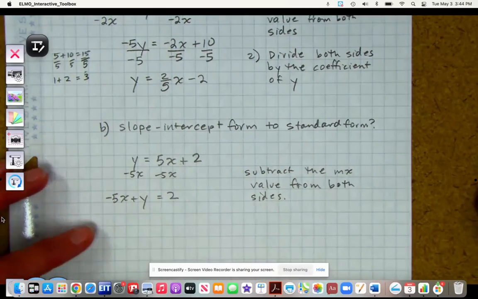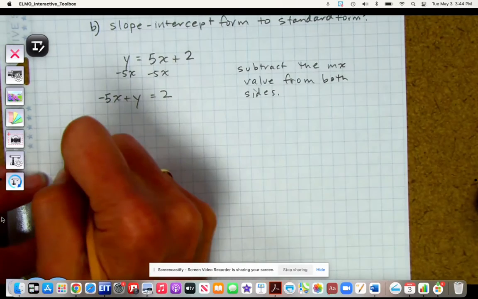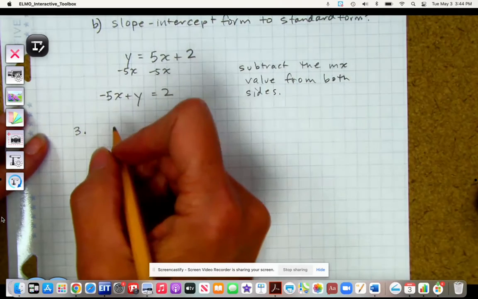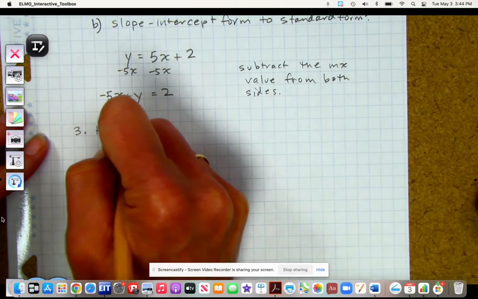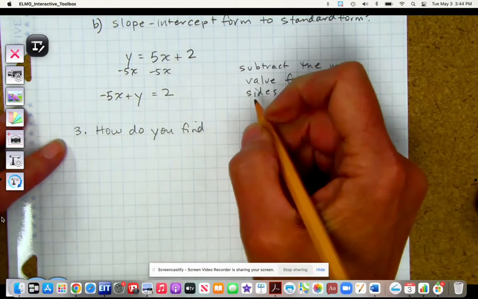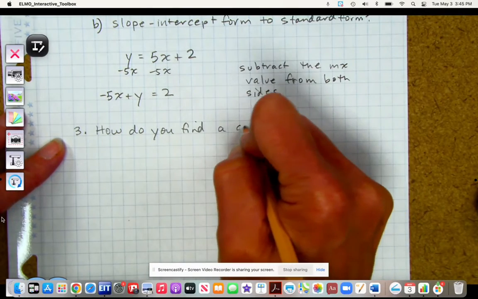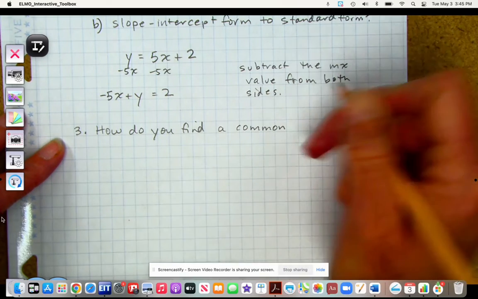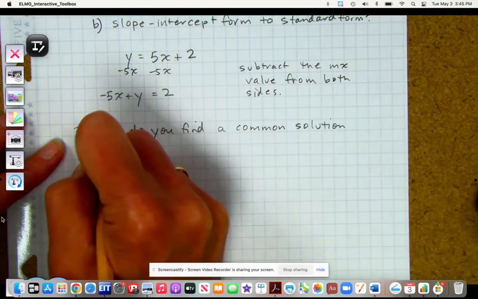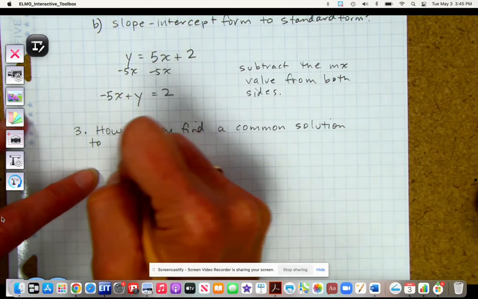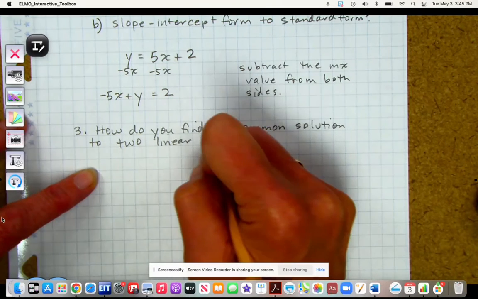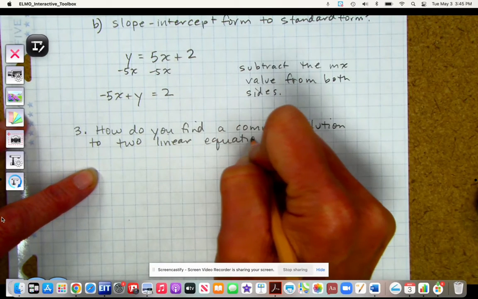Okay. All right, so then the last thing we talked about with this first investigation, number 3, was how do you find a common solution to two linear equations graphically.